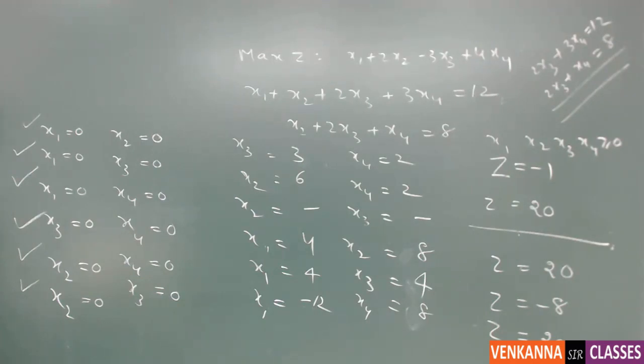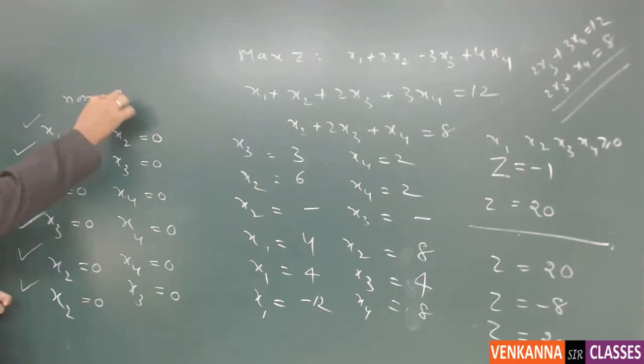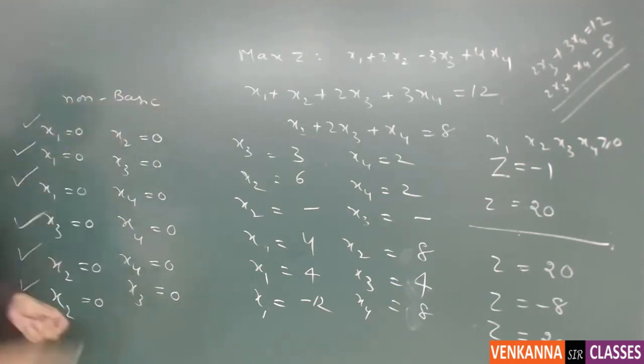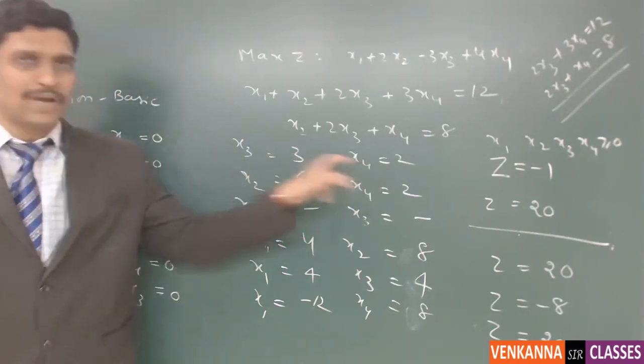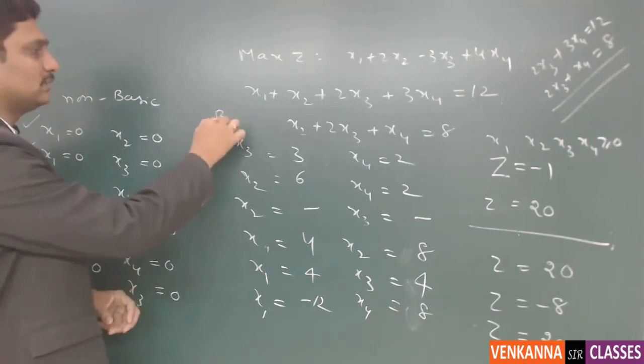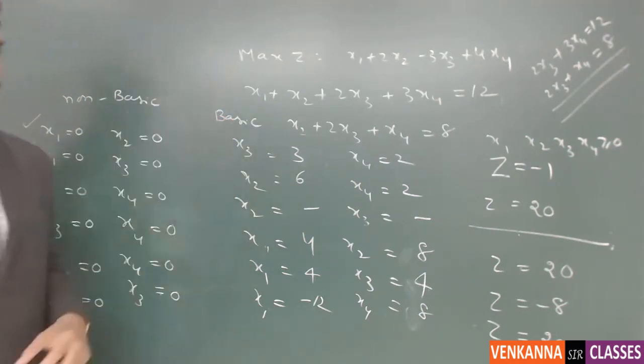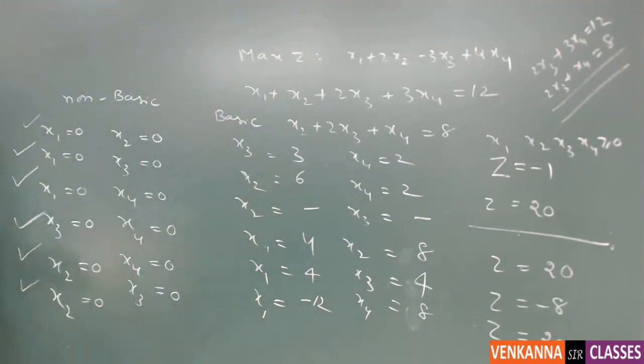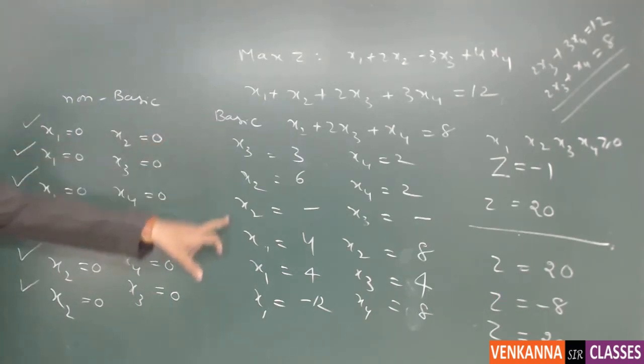You are putting these values as 0, so they are called non-basic. Since you are finding the values for them, these are the basic. So the solutions which you have found all are basic solutions here.